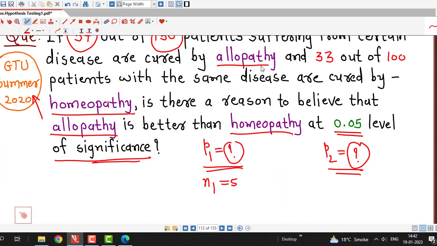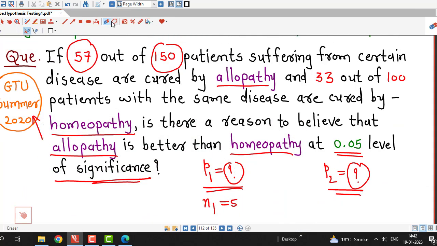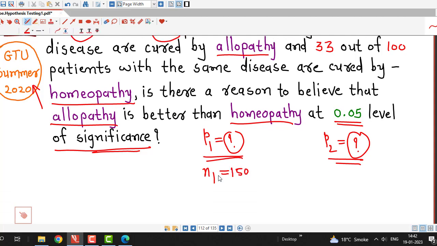There are 150 patients in the first sample related to allopathy, and the number of patients cured by allopathy is 57 in this sample. Similarly, they consider a sample of size 100 for homeopathy, and they find that out of these 100 patients, 33 are cured by homeopathy.